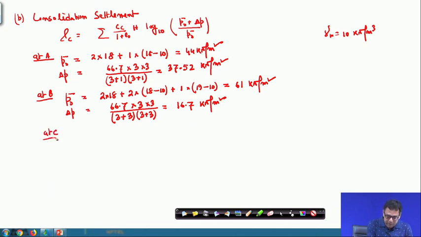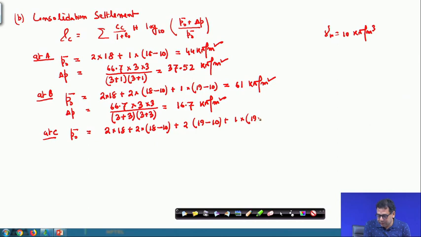Similarly, at point C, P0 bar is equal to 2 into 18 plus 2 into 18 minus 10 plus 2 into 19 minus 10 plus 1 into 19 minus 10.